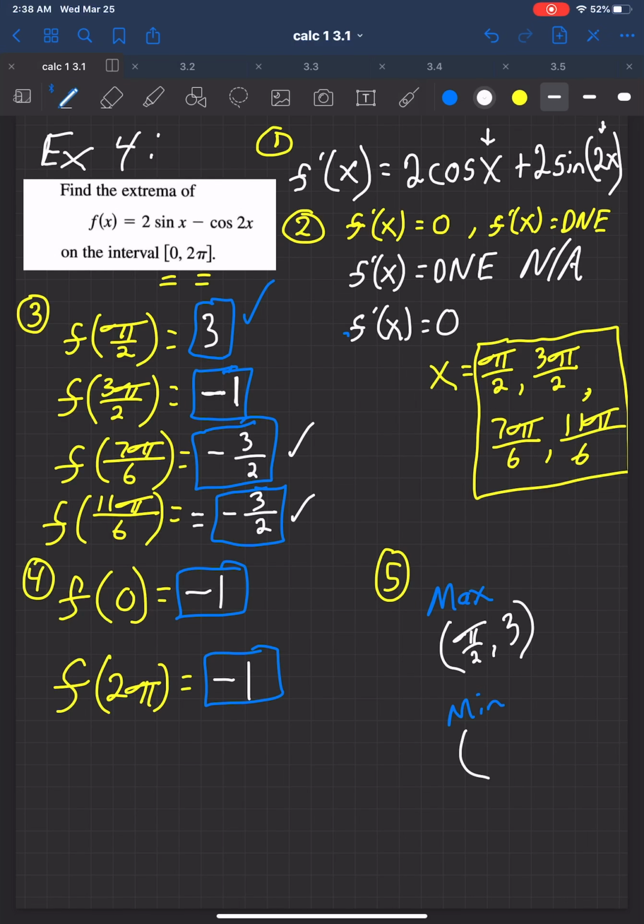So we have a max at pi over 2, 3, and we have mins. We have two minimums. 7 pi over 6, -3 halves, and 11 pi over 6, -3 halves. Okay, so I think that everything is okay.